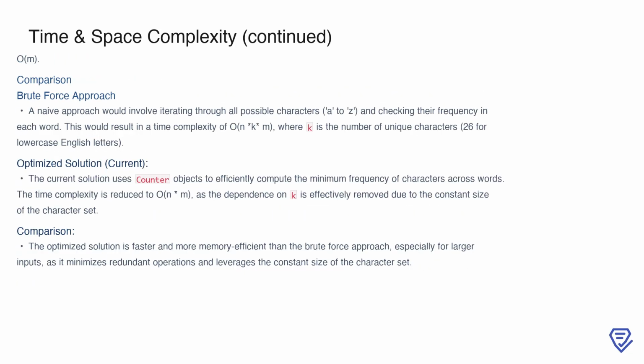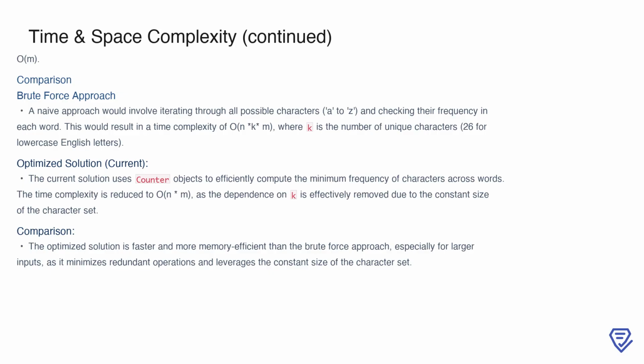To compare with a brute force approach, consider iterating through all possible characters from A to Z and checking their frequency for each word. This approach would result in a time complexity of O(n*k*m), where K represents the number of unique characters, which is 26 for lowercase English letters. In contrast, the optimized solution leverages counter objects to efficiently compute the minimum frequencies of characters across words.